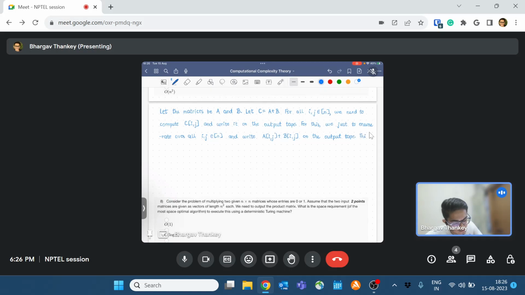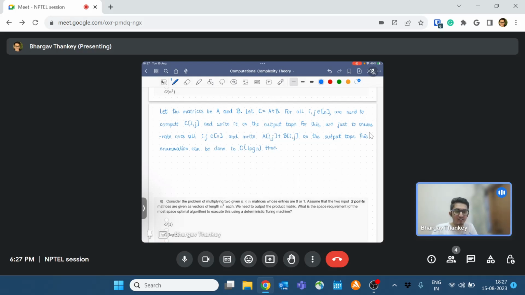This enumeration can be done in order log n space, right? Yes, order log n for i, order log n for j, that gives you again order log n. However, you also need some counters to go to the right position in A and B, right?